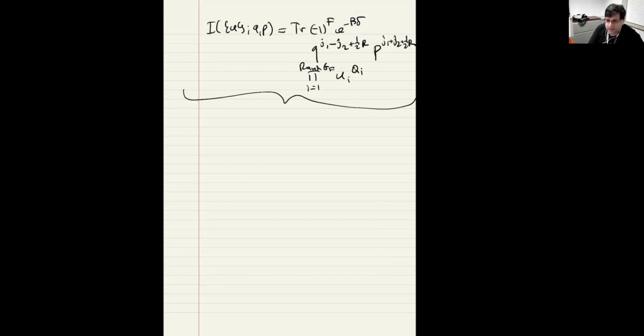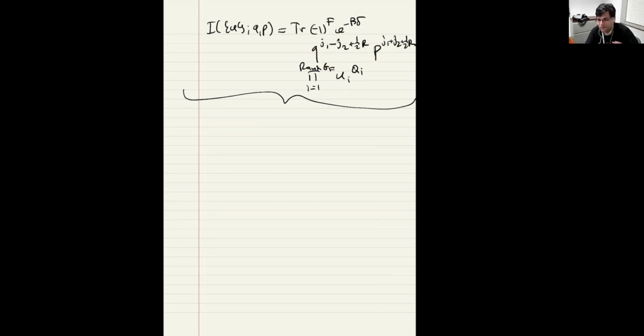Can you elaborate more on what these U's, Q's, and P's are? You said there are some parameters. By themselves they are just numbers, some formal parameters that are not related to your theories. These are just some numbers that we pick.